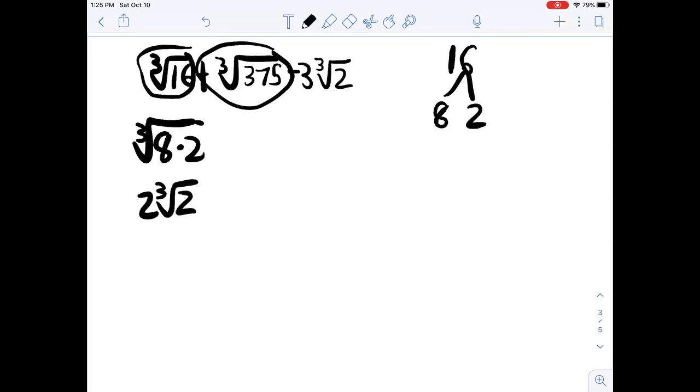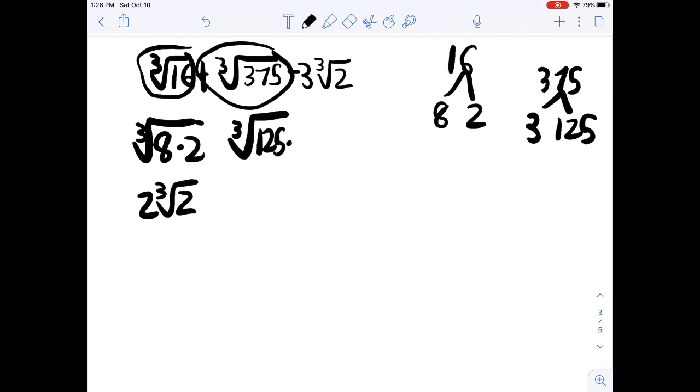Now let's look at the cube root of 375. That is 3 times 125, and we know that 5 times 5 times 5 is 125. So this is equivalent to the cube root of 125 times 3. From here, this is 5 times the cube root of 3.